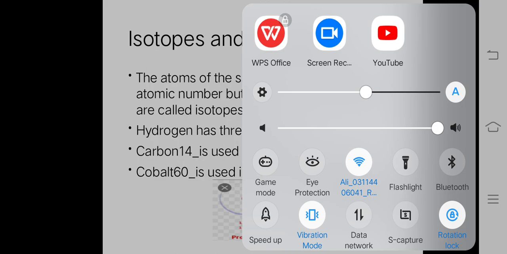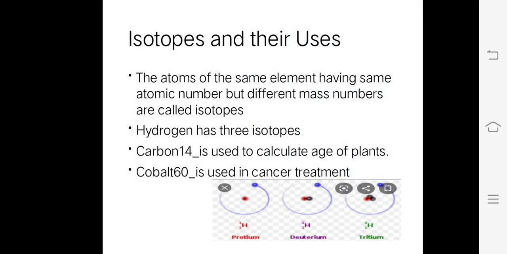As I have explained earlier, these have the same atomic number, 1, but mass number is different. Protium has 1, deuterium has 2, and tritium has 3. What are the uses? Carbon 14 is used to calculate age of plants. Cobalt 60 is used in cancer treatment.